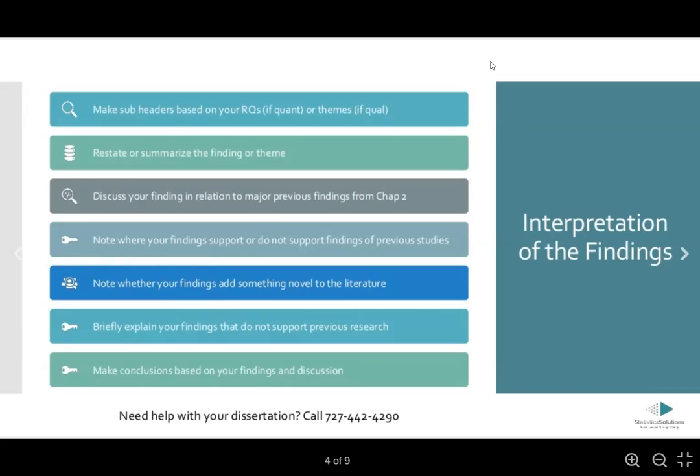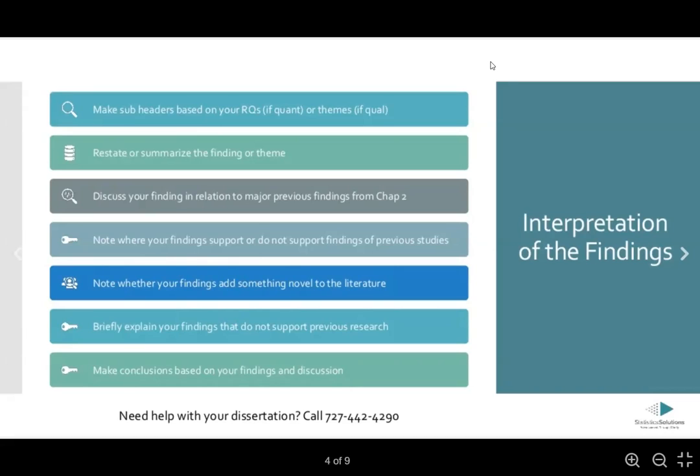For example, if you are doing a quantitative study and maybe your sample was not a very representative sample, that may have affected your results, and that may have implications for why your results are not in line with previous findings. So just think through some of those pieces of your methods that may relate to why your findings came out the way they did, and then connect them back to previous literature.